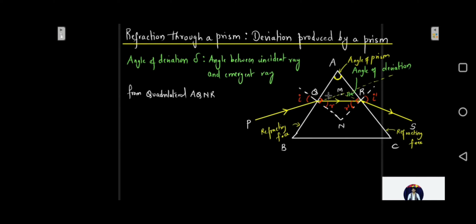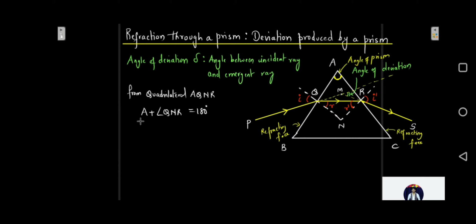So if you remove this 90 and this 90, that is 180, from that 360, what you will get over here is angle A plus angle QNR, that is this angle. Let me remove these markings. So what I can say is angle A plus angle QNR is equal to 180 degrees.